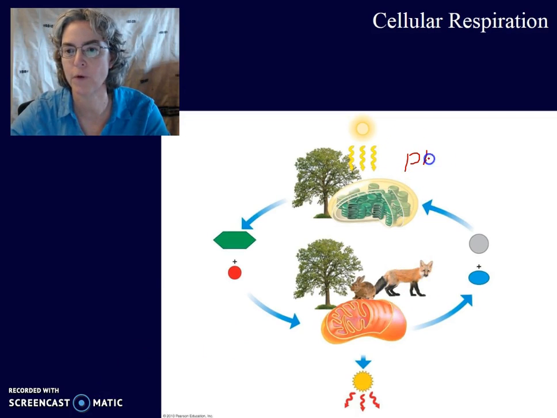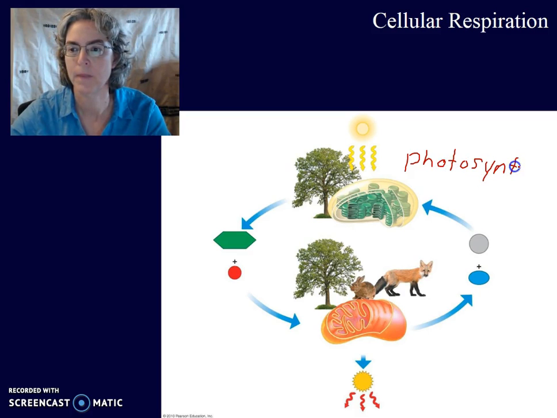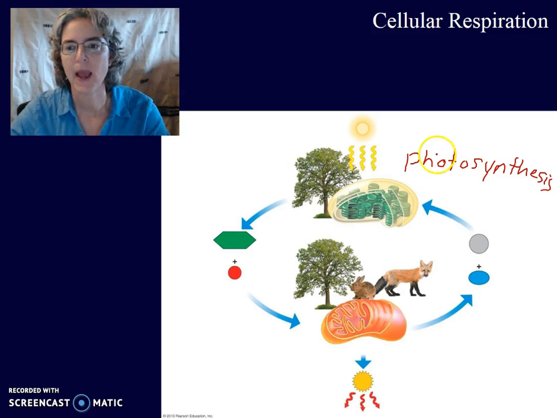Okay, so photosynthesis. And we're going to talk a lot more about that process after we talk about cellular respiration. Plants can transform electromagnetic radiation energy from the sun into chemical energy in the form of glucose.